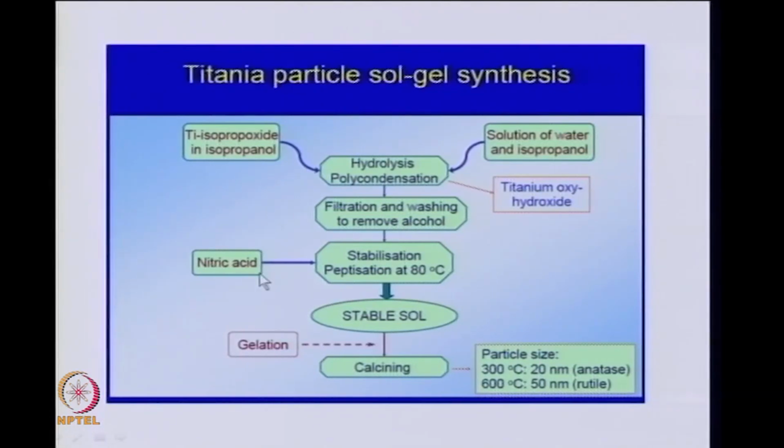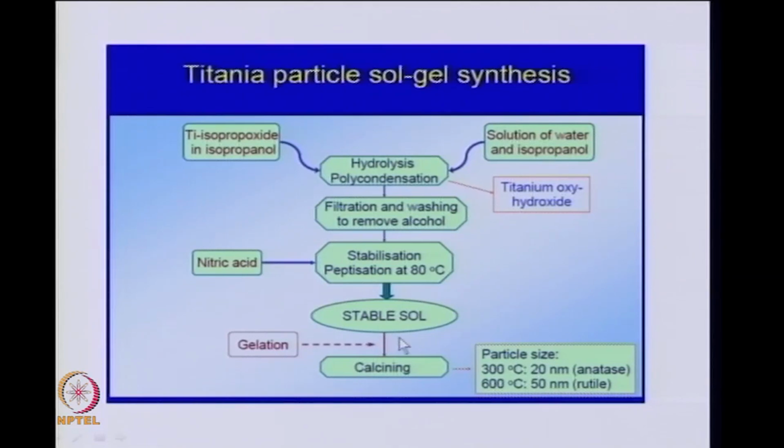And similarly to the synthesis of alumina, you add nitric acid for stabilization and then peptization at 80 degrees centigrade to get a stable sol, and then it undergoes gelation and further calcination at different temperatures gives particles of different size.